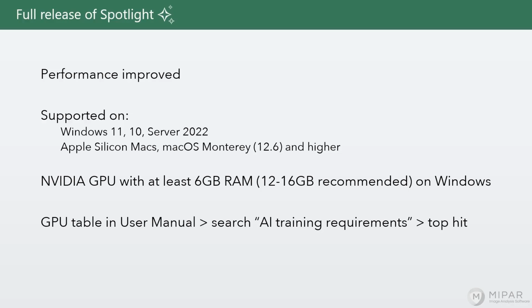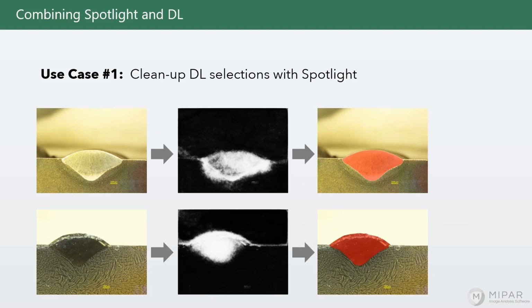So now I'd like to demonstrate 2 powerful workflows which combine deep learning and Spotlight. The first is using Spotlight to refine a deep learning selection. In this example, we're going to look at the segmentation of a weld bead. You'll see how we can use Snap, first of all, to make the annotations of the different features in order to train the deep learning model.